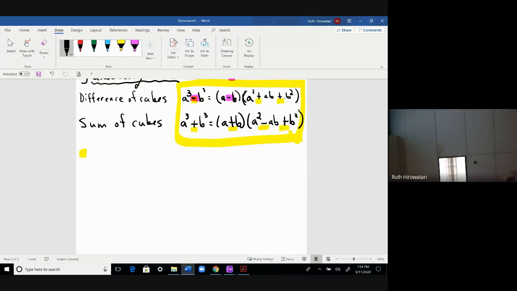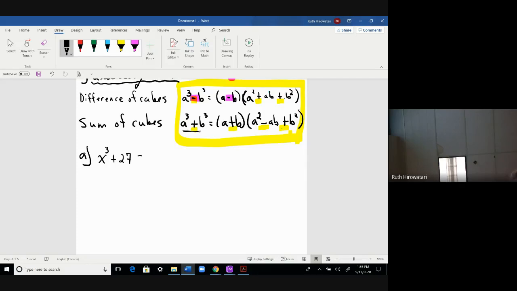Starting off easy peasy here, following the pattern. Example A would be x cubed plus 27. I have a sum of two perfect cubes, following the pattern a cubed plus b cubed, where x is my a and 3 is my b.